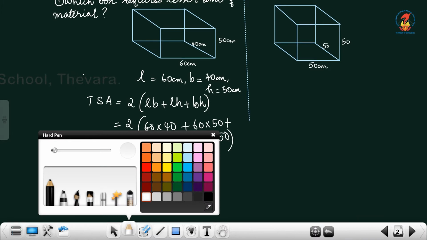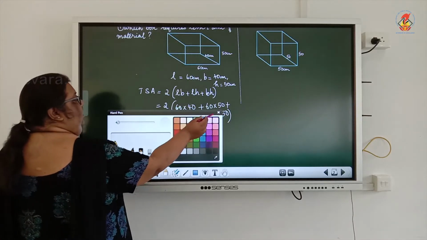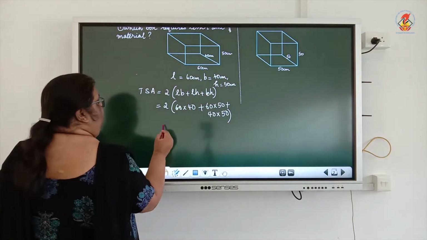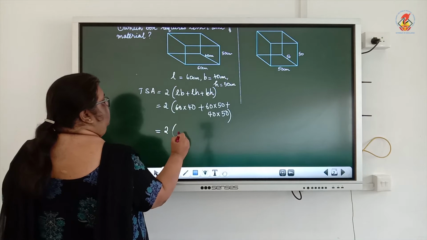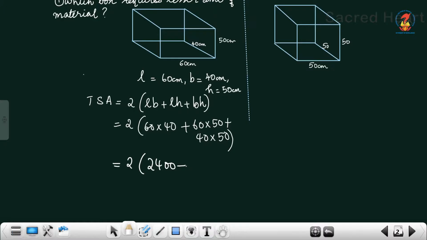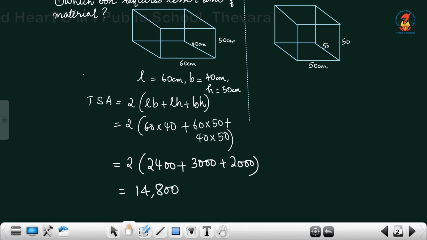Children, you have to multiply, simplify and write the answer. So this will be 2 into (6 4s are 24 followed by 2 zeros, 6 5s are 30 plus 4 5s are 20). After adding and multiplying, you will get the answer as 14,800. Unit will be centimeter square.